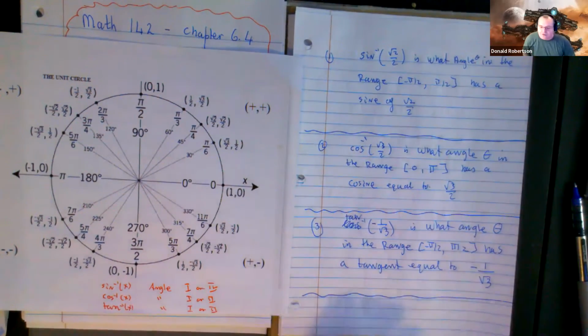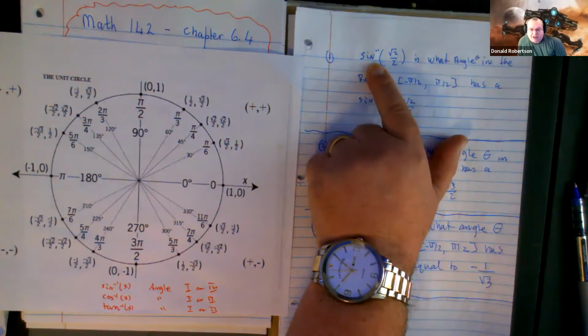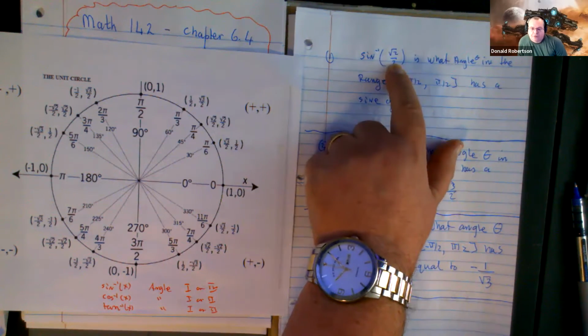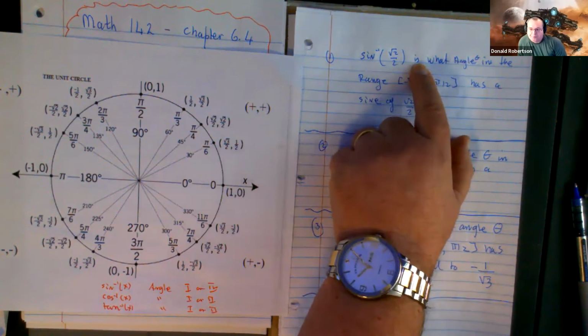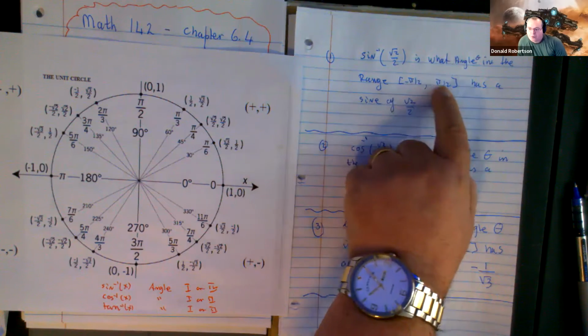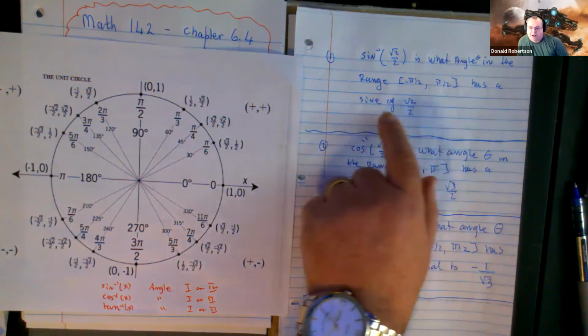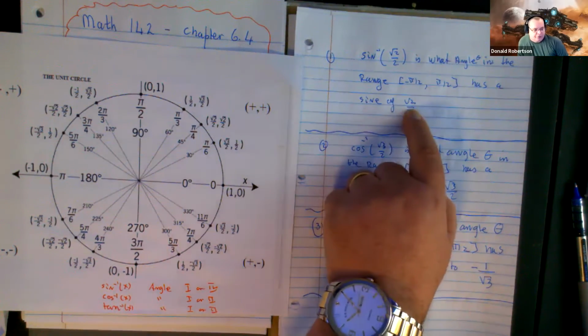Or tan inverse function. There's only one value. So the way that you find out which one of the many choices it could be is to follow the range. So the inverse sine of the square root of 2 over 2 is an angle. It's an angle that has to be in this range. That way you only get one answer. And it has the property that it has a sine of root 2 over 2.